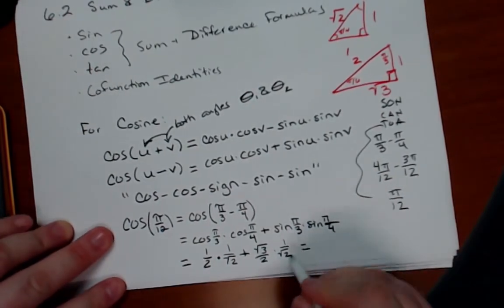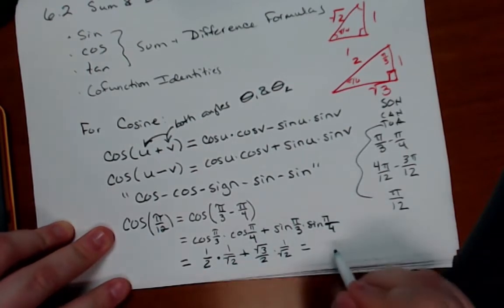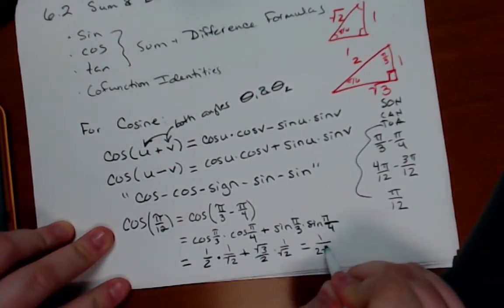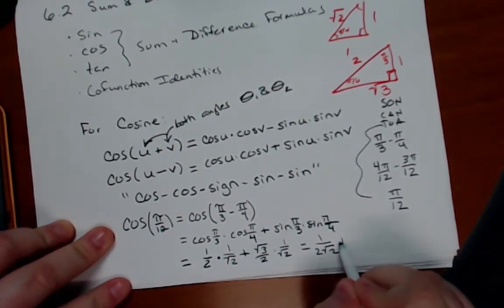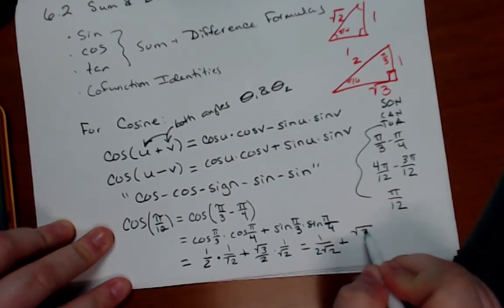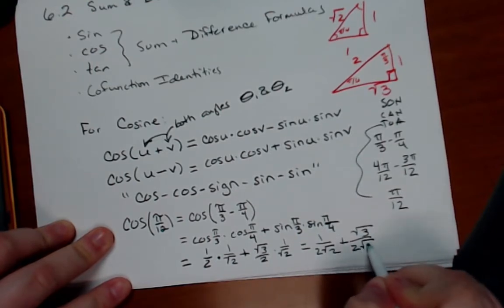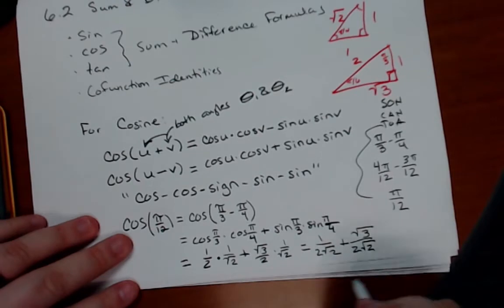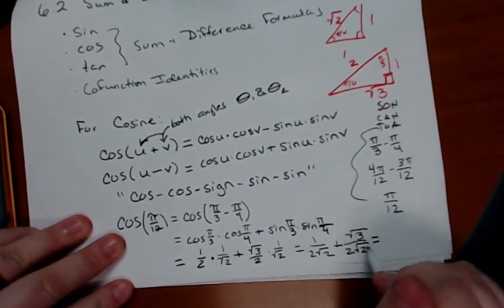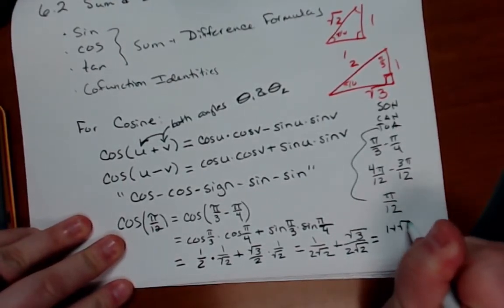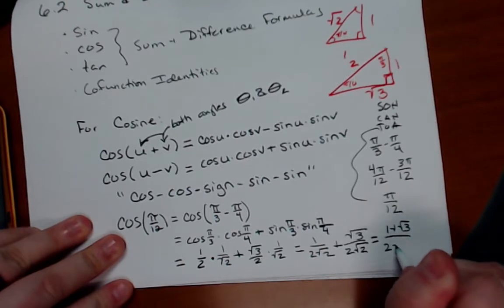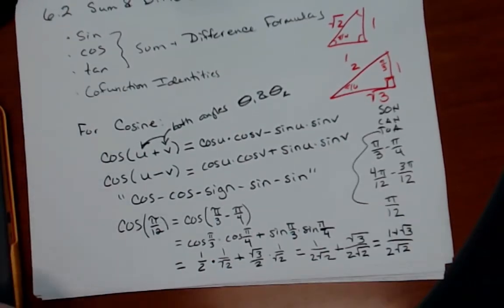So here we have 1/2 times 1 over root 2, which is 1 over 2 root 2, and then plus root 3 over 2 root 2. Since they already have a common denominator, we can combine our numerators: 1 plus root 3 over 2 root 2.